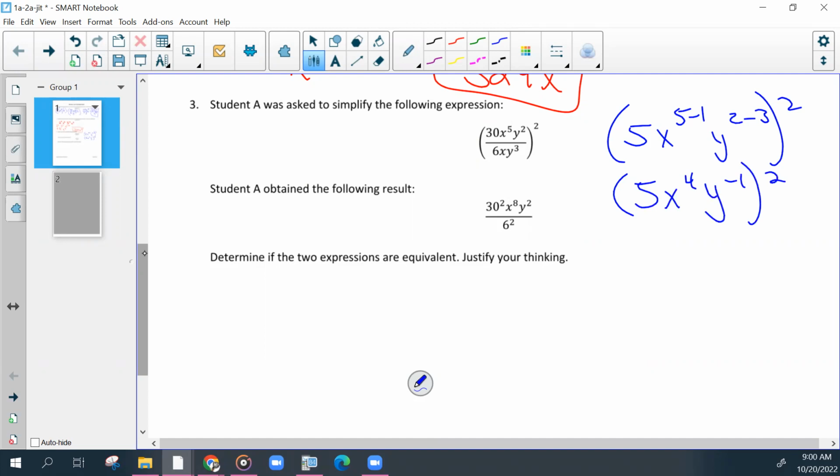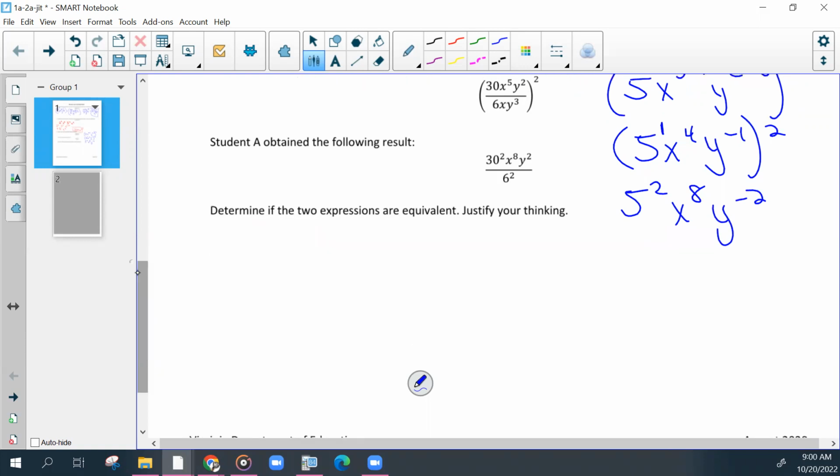Multiply all of your exponents by 2. Don't forget about the 5 because it does have an exponent of 1. And then figure out what 5 squared is and change your y to the negative 2, flip it.